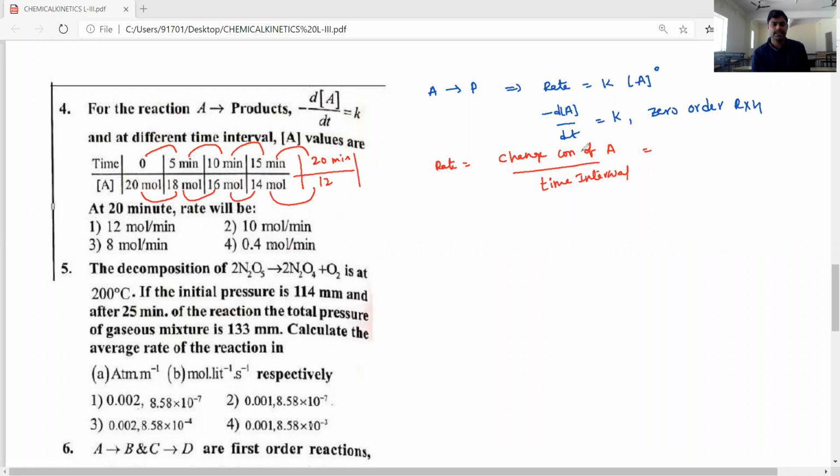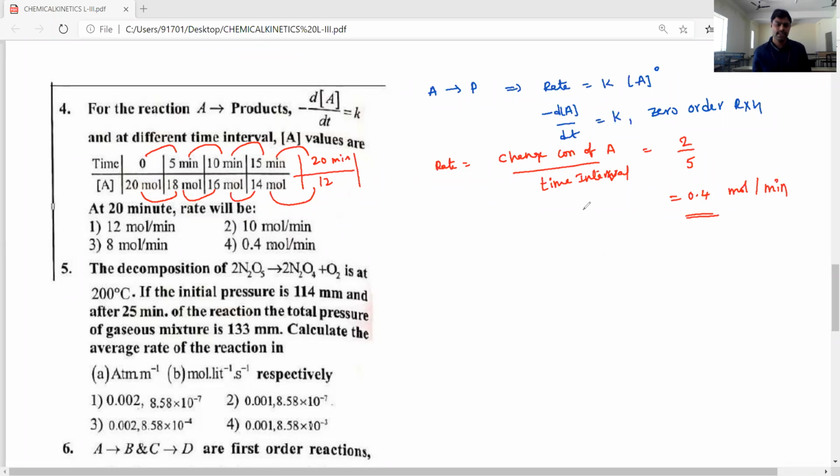So the change in the concentration of A for every 5 minutes time interval, how many units are changing? 2 moles are changing. 2 by 5. Then 2 by 5 is nothing but how much? 2 by 5 is nothing but 0.4 mole per minute.